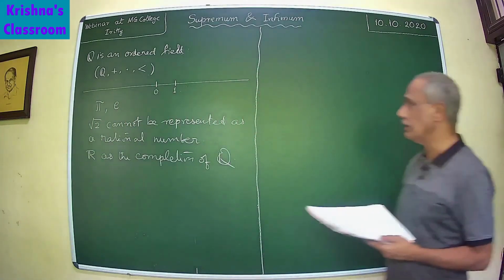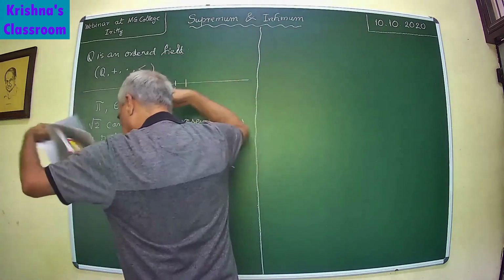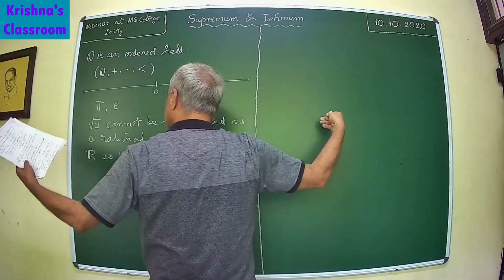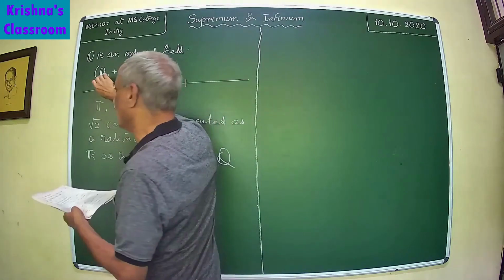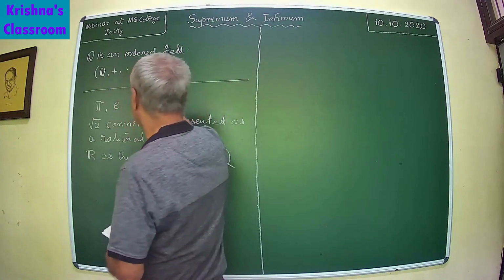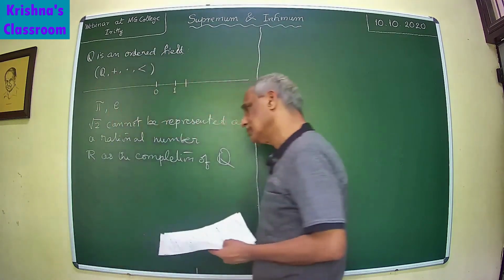That means all these missing holes we bring in, and then you can show that it gels very well with Q. You can extend the structure, addition, multiplication and order structure.